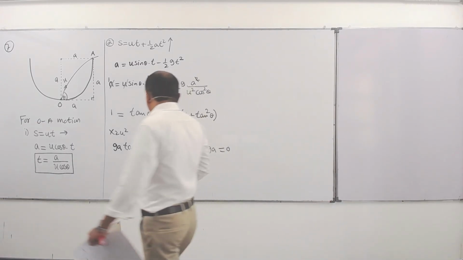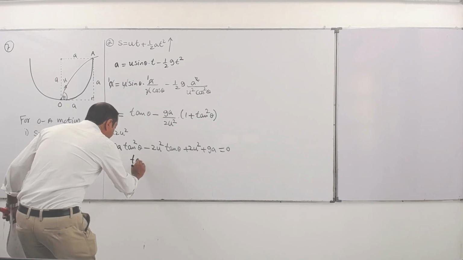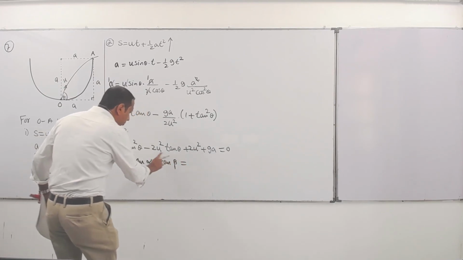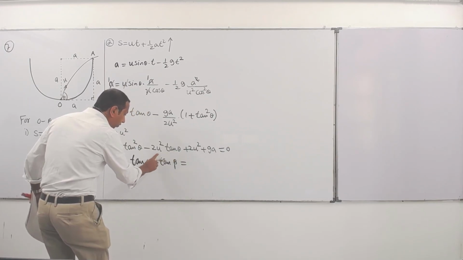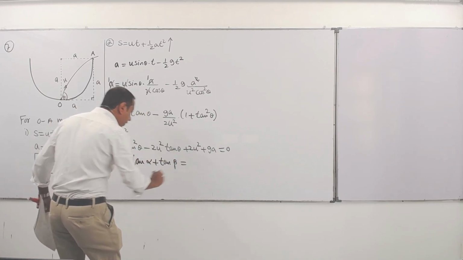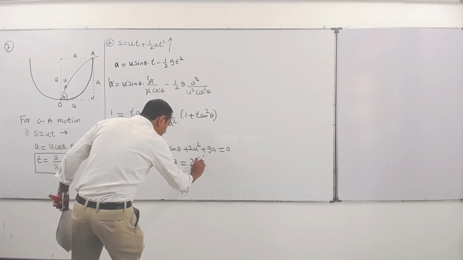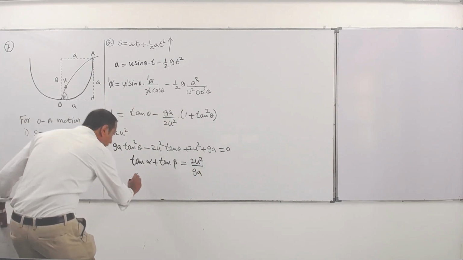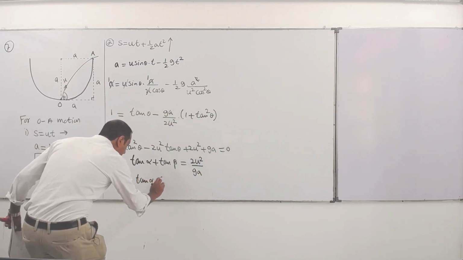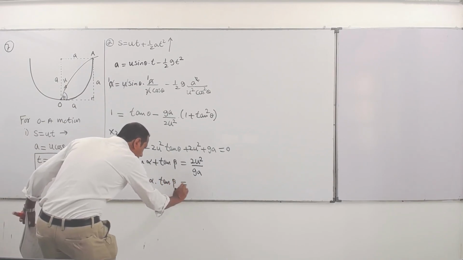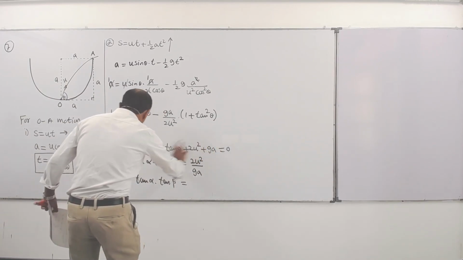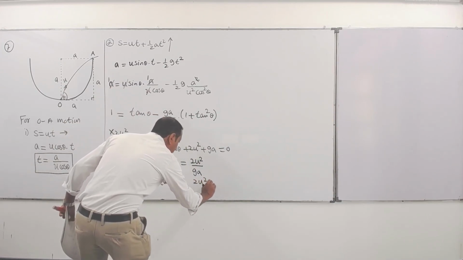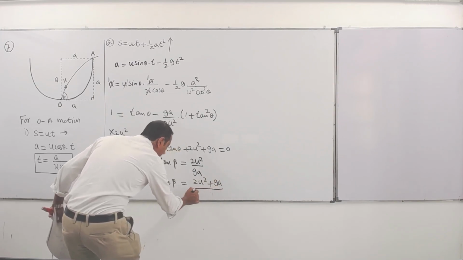Then tan alpha plus tan beta, sum of the roots, is going to be minus the tan theta coefficient divided by the tan squared theta coefficient, 2u squared over gA. And the product of the roots tan alpha into tan beta is equal to the constant term divided by the tan squared theta coefficient, 2u squared plus gA divided by gA.